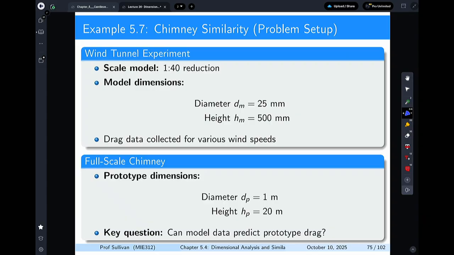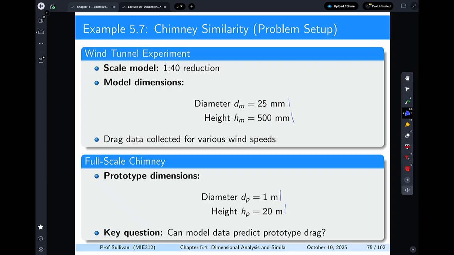Another case is a chimney. So again, where we're going here is we've spent the good part of this chapter saying, hey, it's great, we've got the pi theorem, we can identify the important parameters, but one of the problems with those parameters is, is it possible to match, say, Froude number or Reynolds number simultaneously? And can I do it experimentally? So here I have a scale model, 1 to 40 reduction. Model is 25 millimeters in diameter, and the height is 500 millimeters.